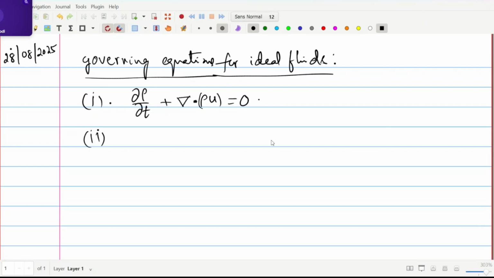The second equation is the equivalent form: dou rho by dou t plus gradient rho dot u.